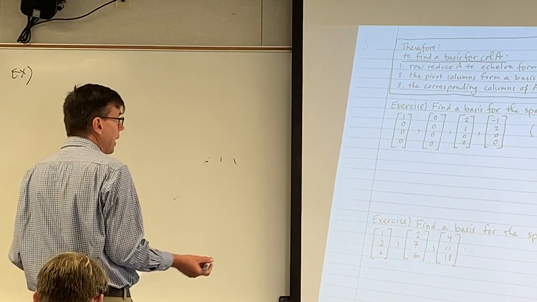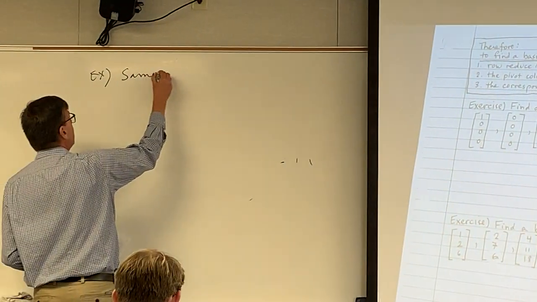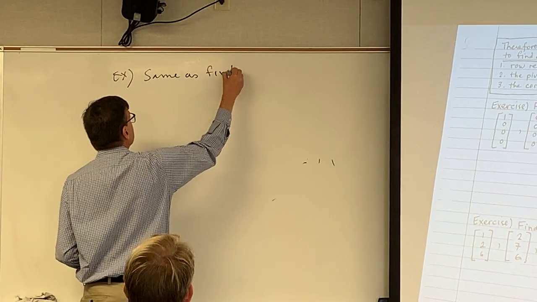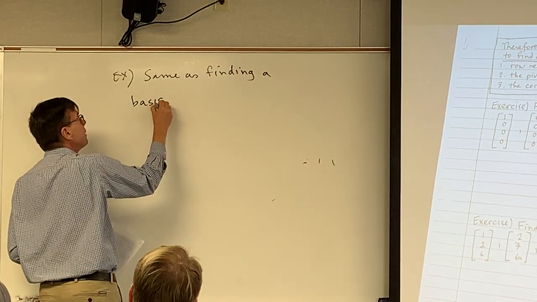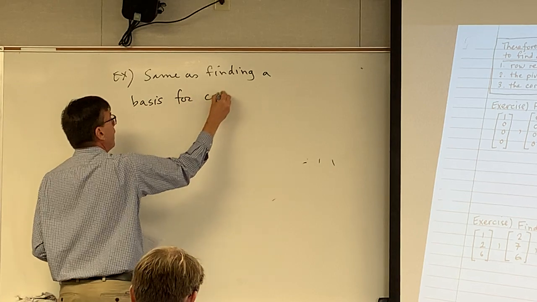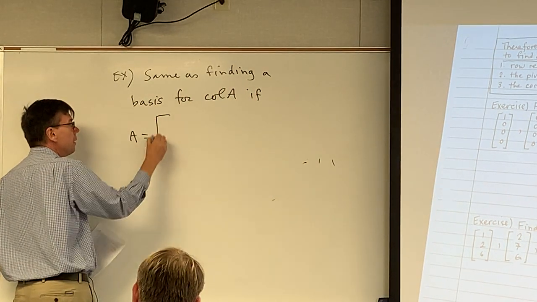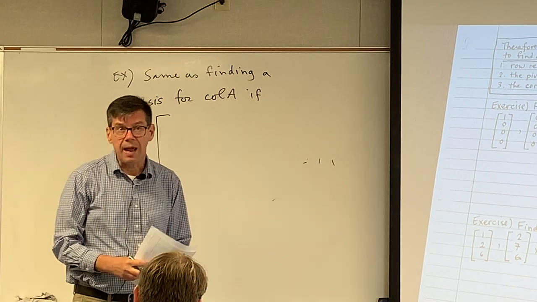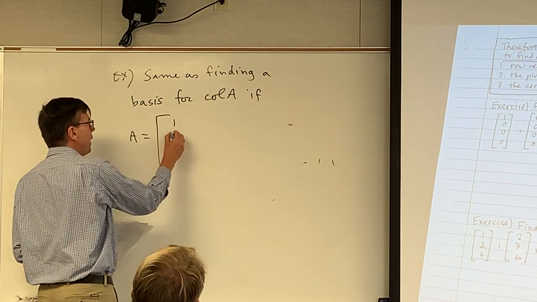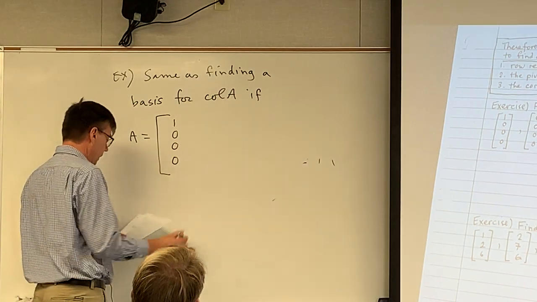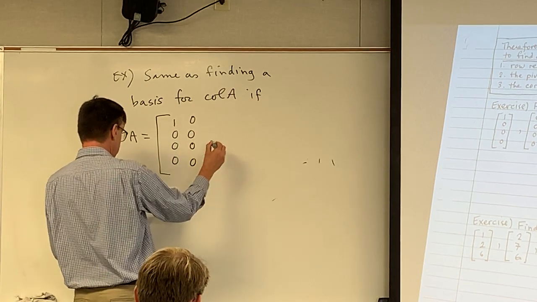That exercise is the same as finding a basis for the column space of A if we say that A is a matrix with those columns. So I'm just playing around with the vocabulary here a little bit. All right, it even has the 0 vector in it.